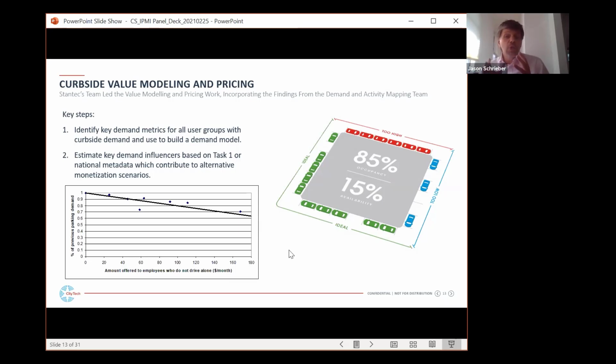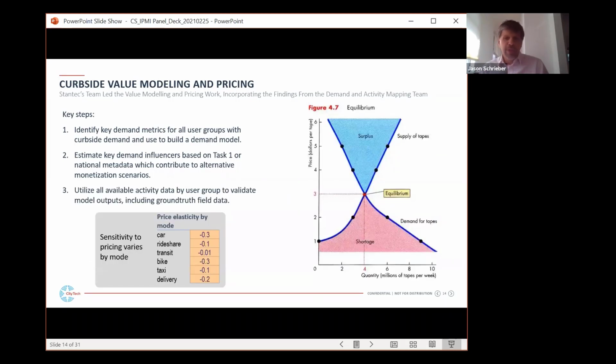But what we used for our model is a linear optimization routine that tried to maximize the use of the curb to maximize the number of people. But when people come by so many other modes, we had to understand their desire besides just the car. So if we were to go to, there we go, step 3, the sensitivity to pricing, or the price elasticity, for so many different trips varies, and it varies across the hours of the day.